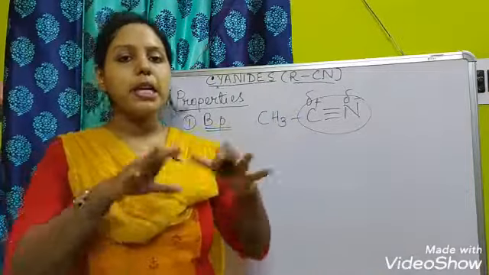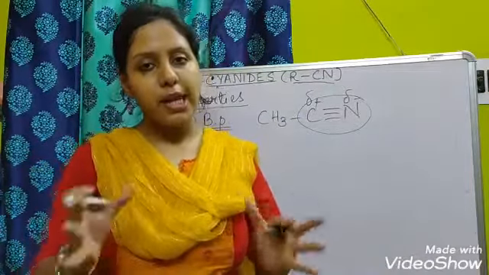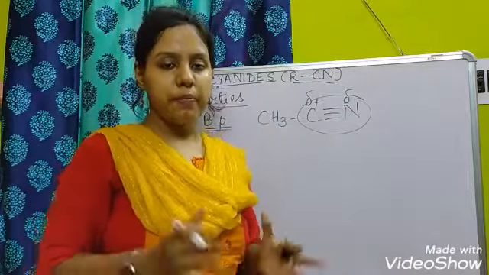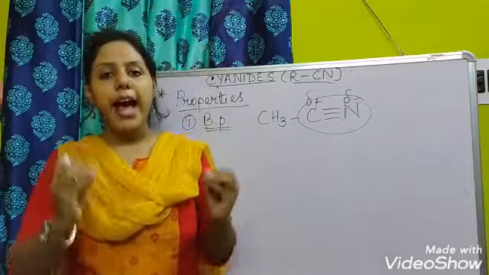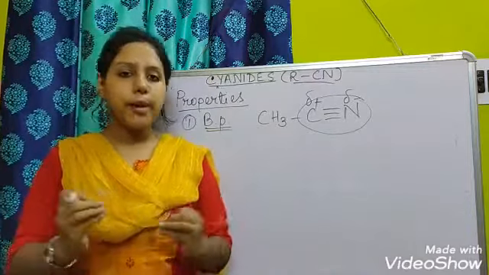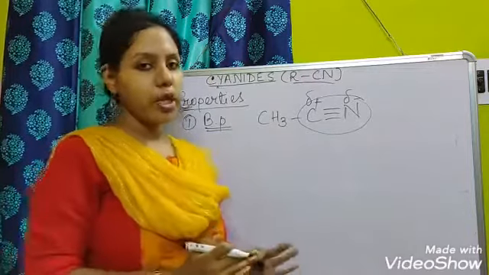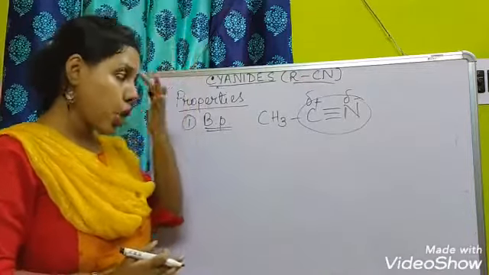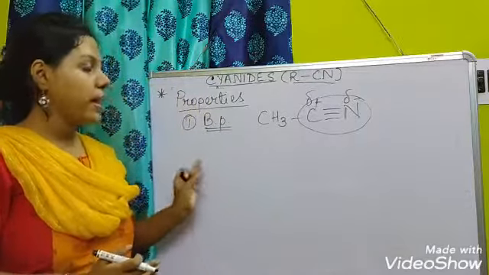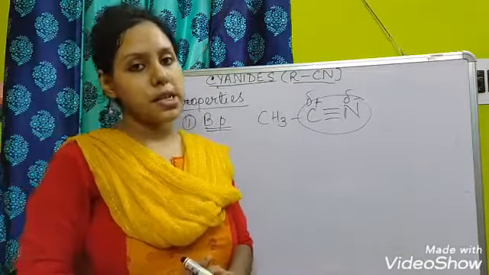When many methyl cyanide or many cyanide molecules are present, then there will be a strong dipole-dipole interaction between the different molecules, and that strong dipolar interaction will increase the boiling point of the cyanides.